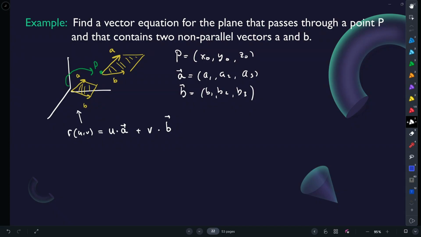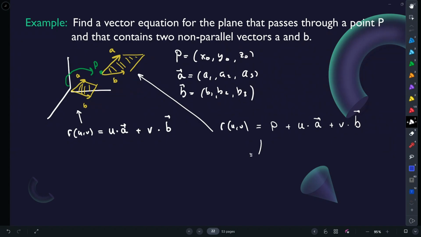So that parameterizes this one. And to parameterize that one, you just do the same thing, but now I want to add the point P. So you put the point P, and then U parameter times A plus V parameter times the vector B. That gives you a plane in coordinates.